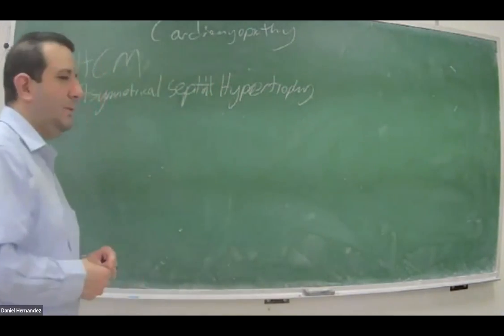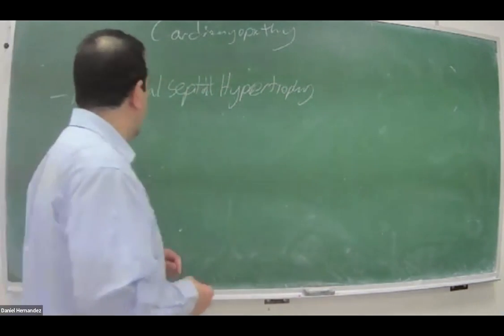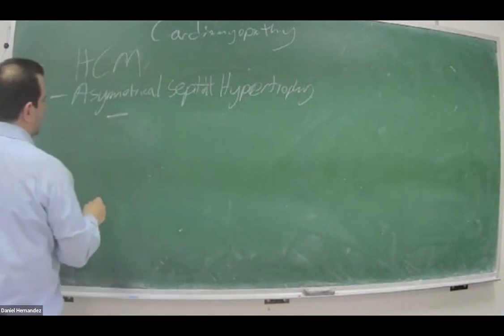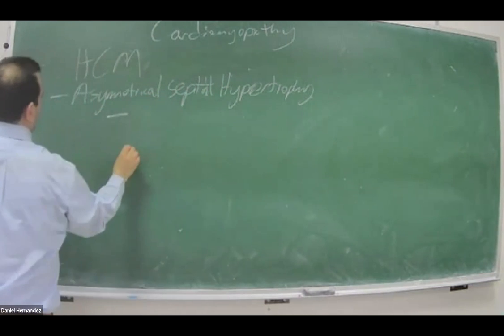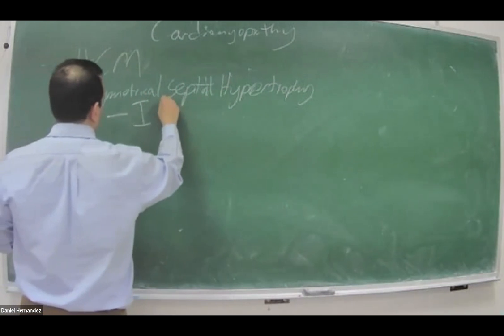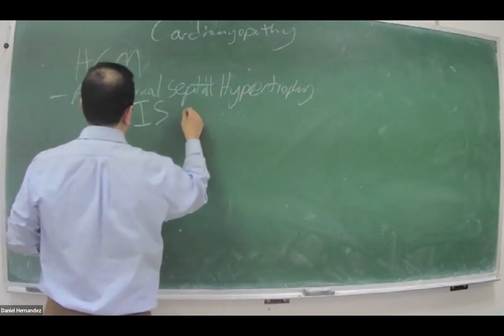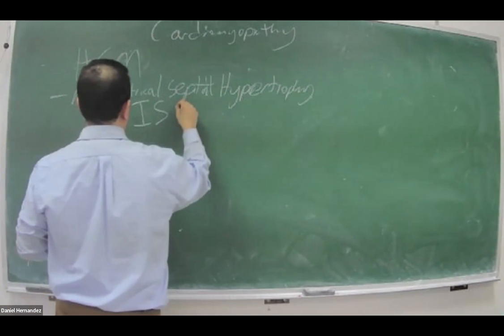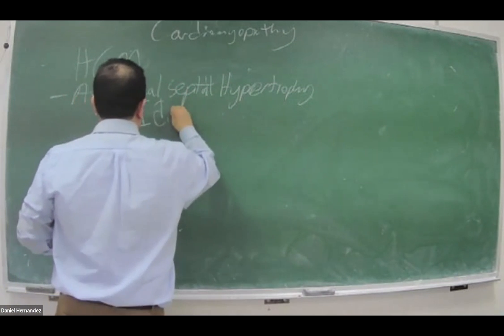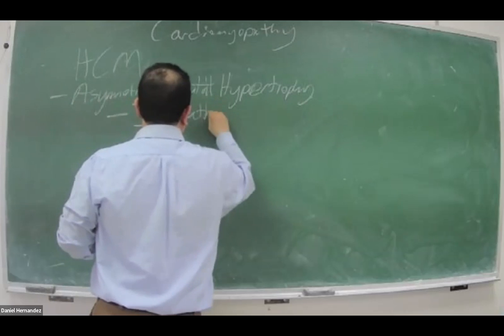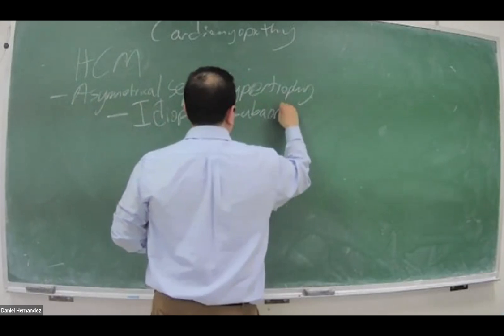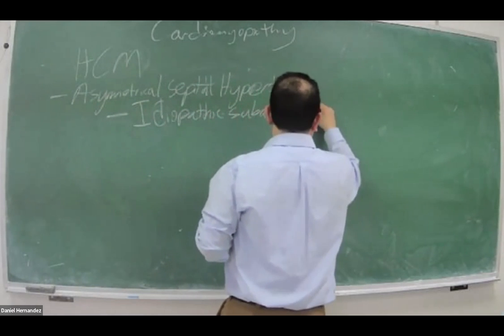So since this is the most common location, asymmetric septal hypertrophy will cause conditions like idiopathic sub-aortic stenosis.